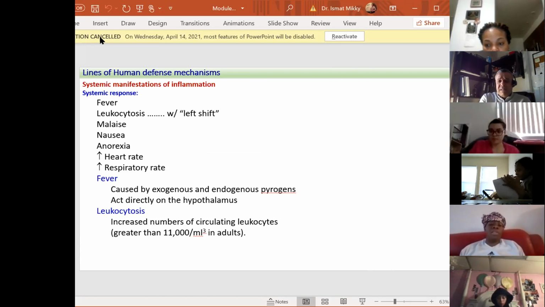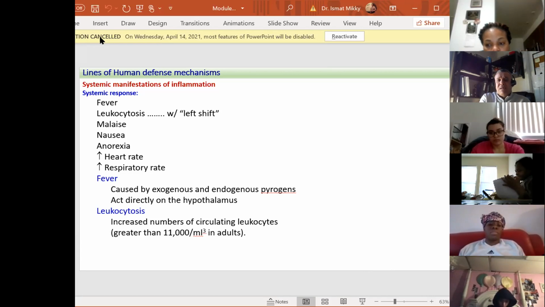And these are some of the systemic responses: fever and leukocytosis, which is the elevation of white blood cells. Like when you see cytosis, it's always increased.